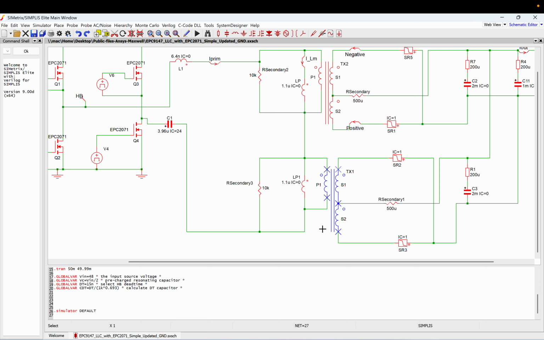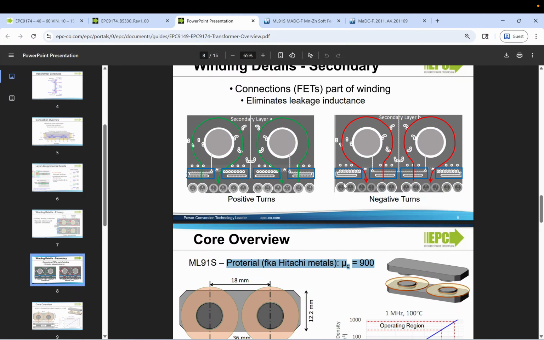In the EPC, on one single layer, there are negative, this is positive. As I said, they have a typo here. This is positive turns.